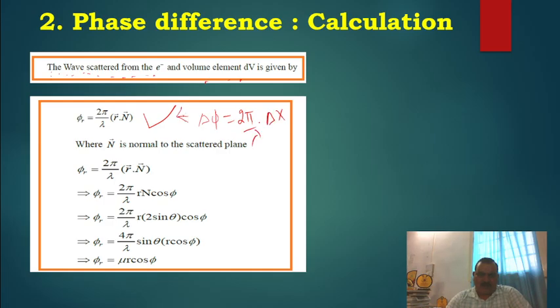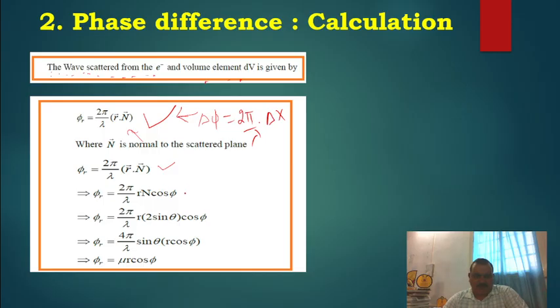We use that expression here, where n is normal to the scattering plane. What is n? After doing that, this is our expression for the phase difference.